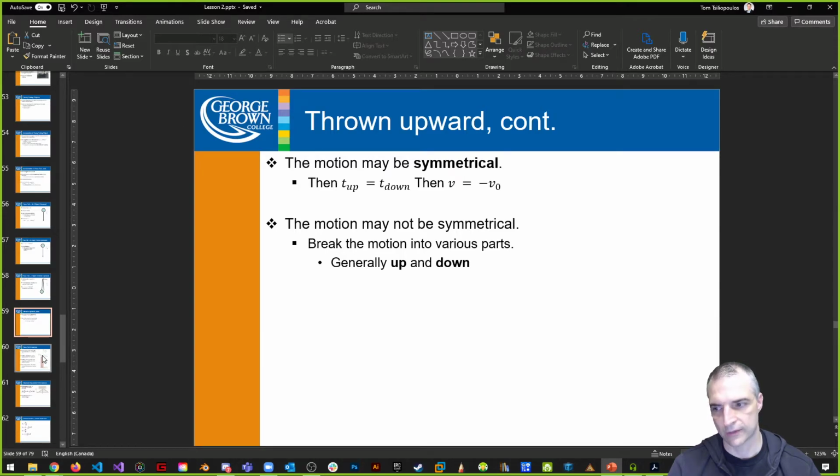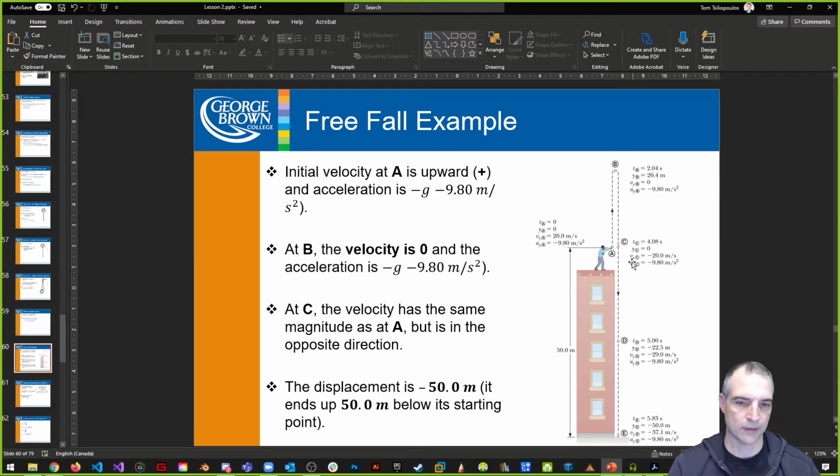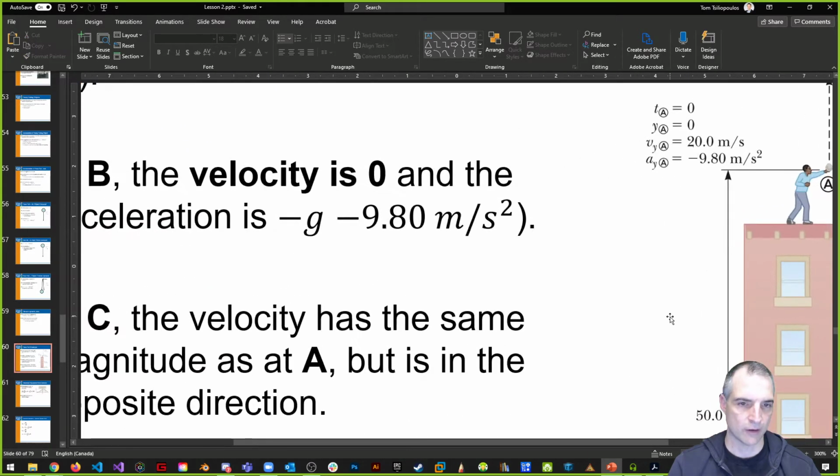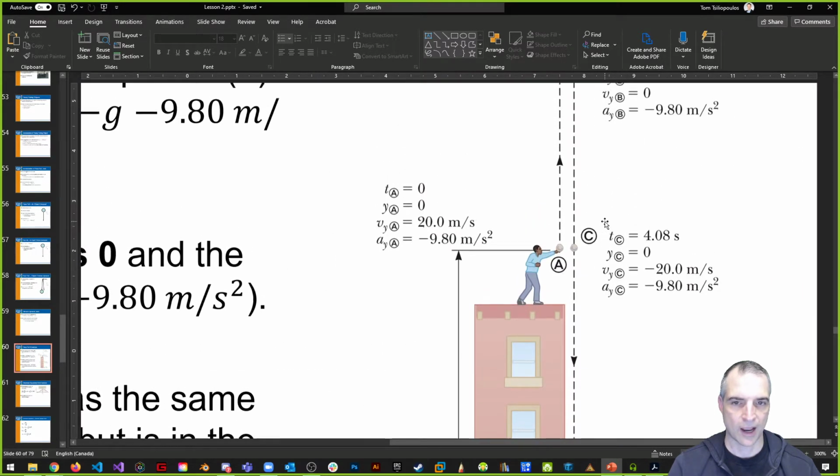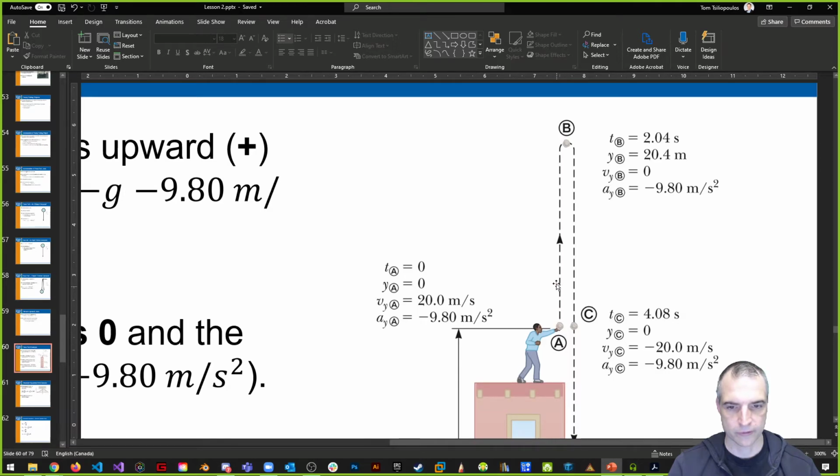Okay, here's the example. So I'm here on top of a building. At time equals 0, let's zoom in here. At time equals 0, at the top of this building, I throw this object up. So it launches from my hand, goes up until it reaches the apex, where the acceleration due to gravity and the initial velocity cancel out after several seconds, 2 seconds.